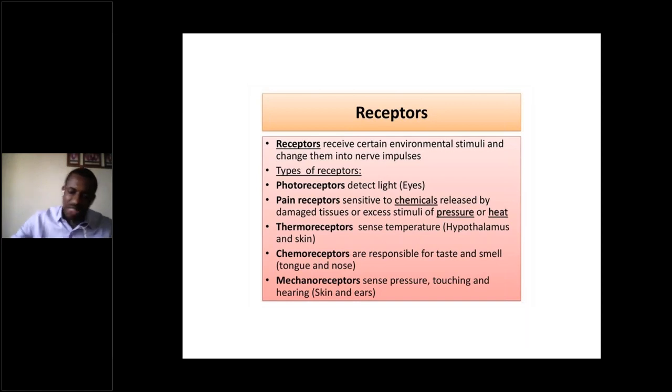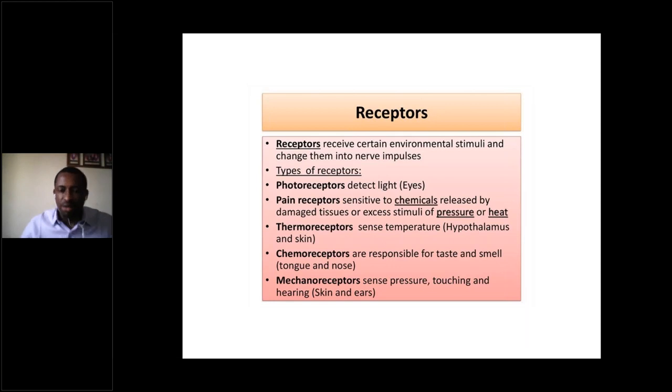And as these impulses get to the cerebrum, they are decoded and interpreted. It's just like when we make a phone call. The signal in the cable is transmitted as an impulse, and when it gets to the receiving source, it is interpreted.